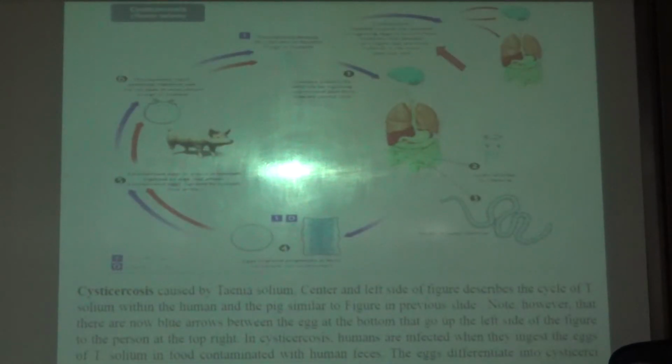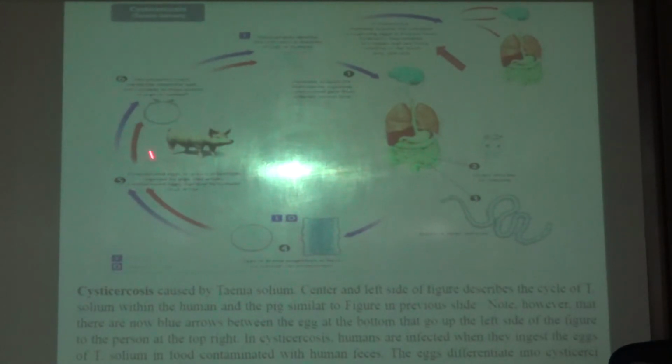Now the other important thing, a more dangerous disease. This is also a tapeworm infection, but it happens only in the case of Taenia solium. A person who is infected with this egg himself, directly. So what happens?